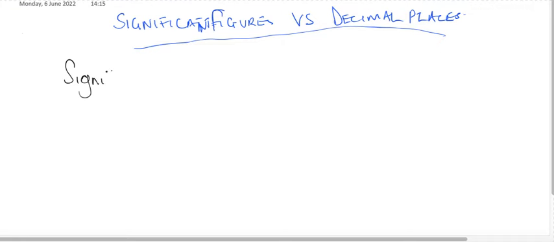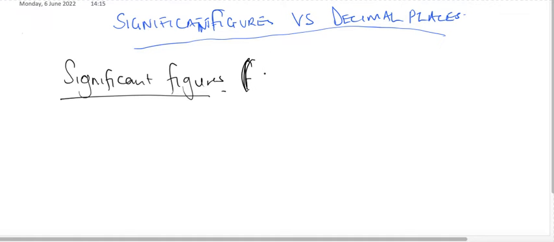Significant figures first. Alright. First of all, significant figures are sometimes written in short as SGF. So there are three major rules that follow significant figures. These rules, you have to memorize them, alright?